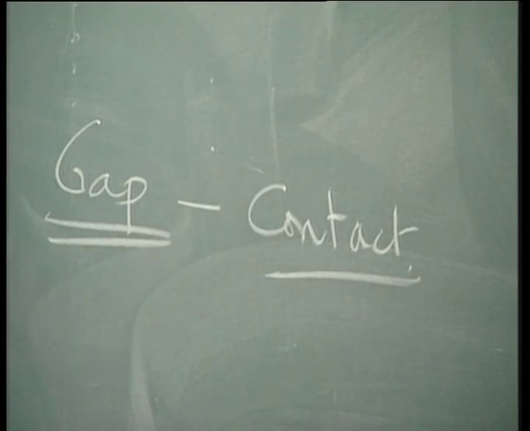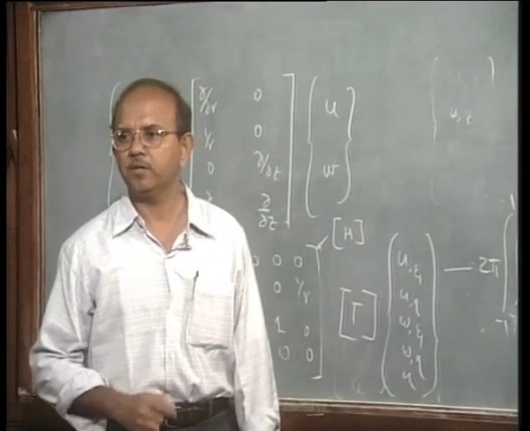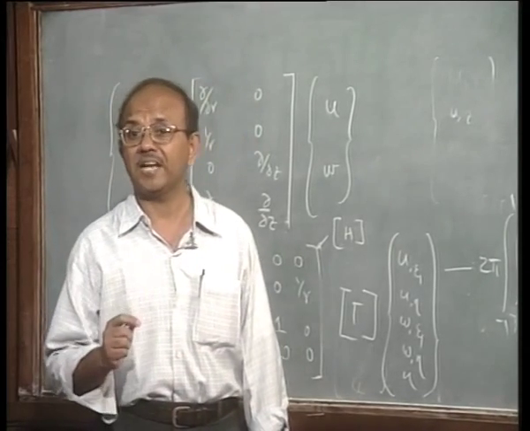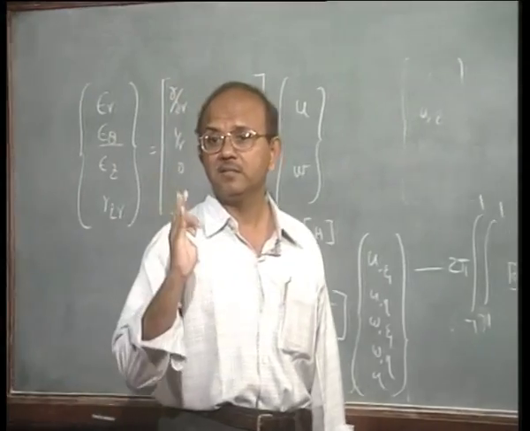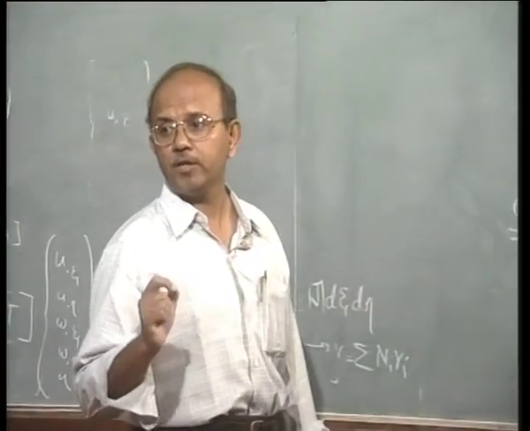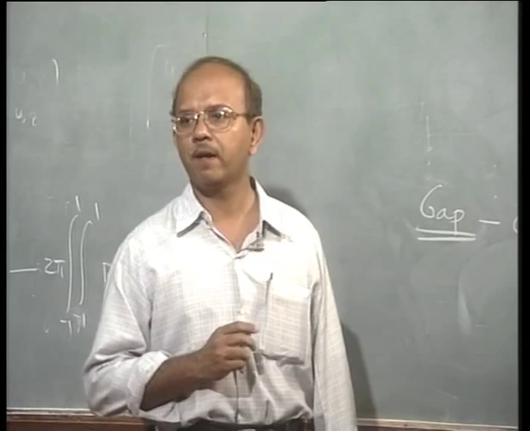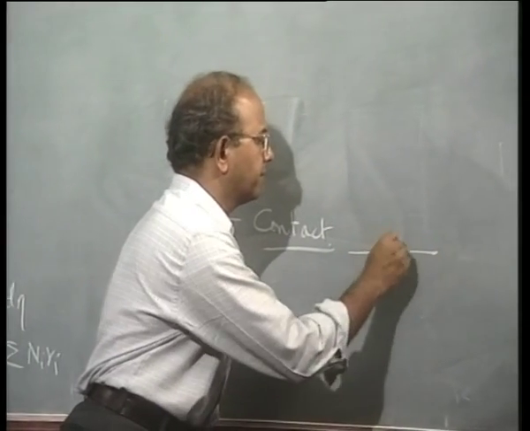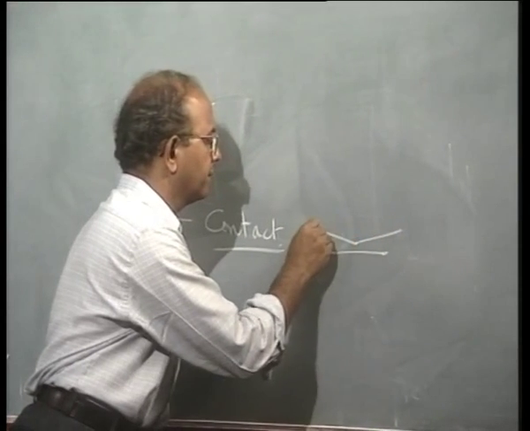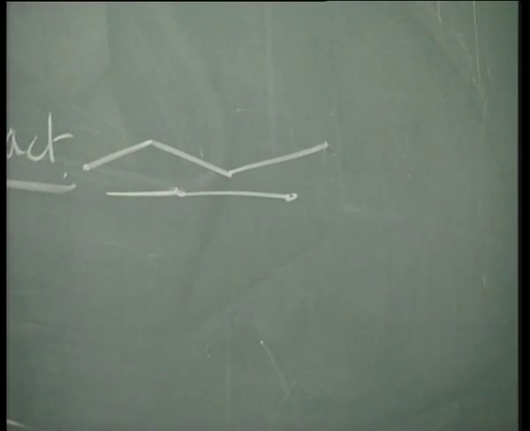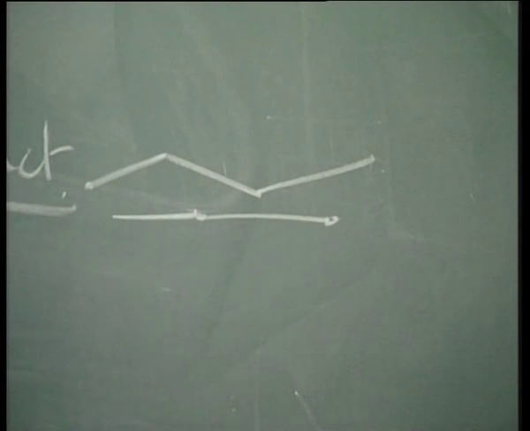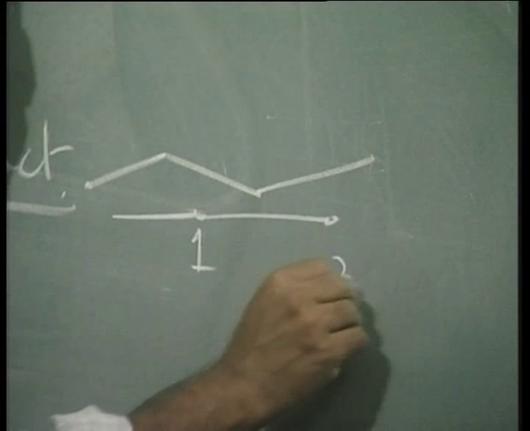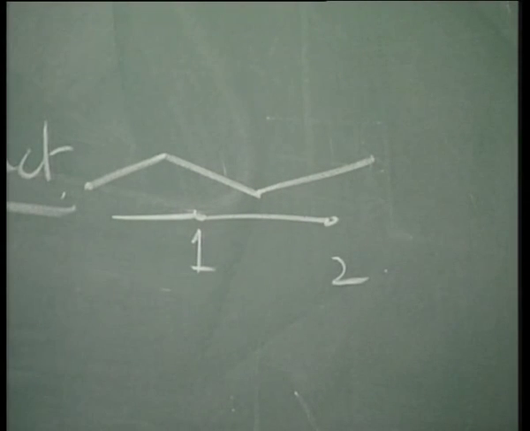In a two-dimensional case, we will extend this to 3D in a minute, this contact element is defined by 3 nodes. These nodes are 2 master nodes, say 1 and 2, and a slave node, say 3.